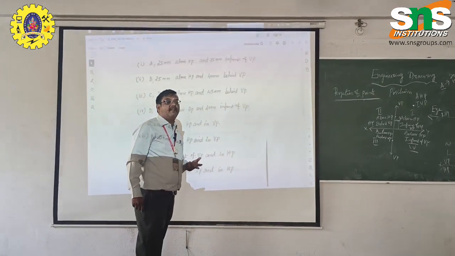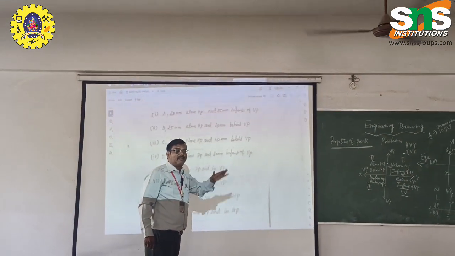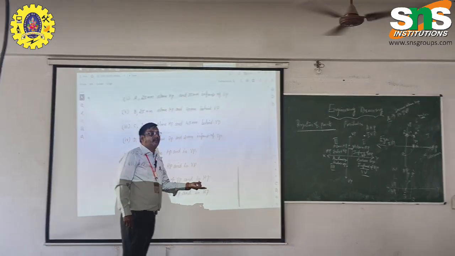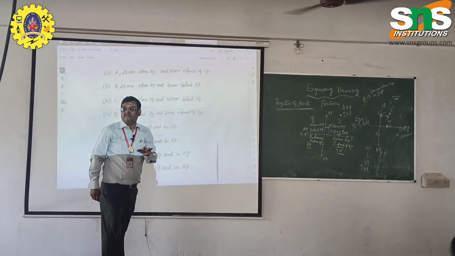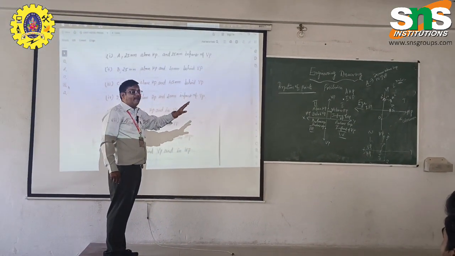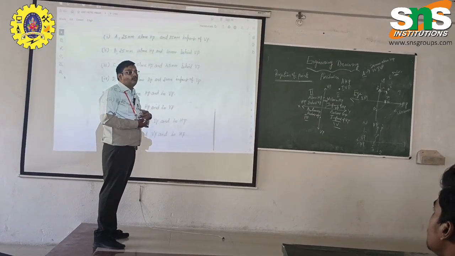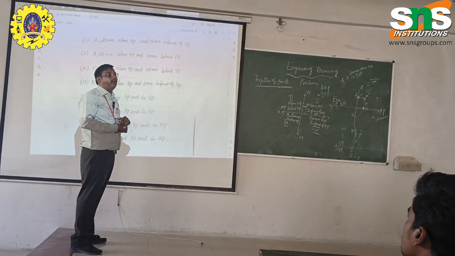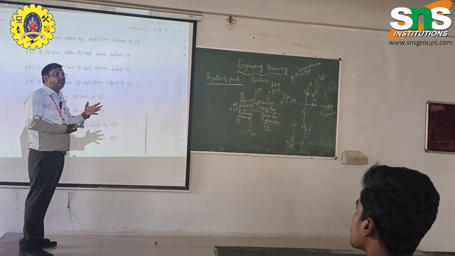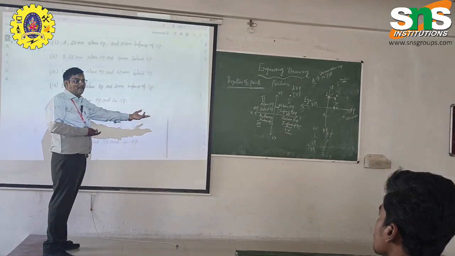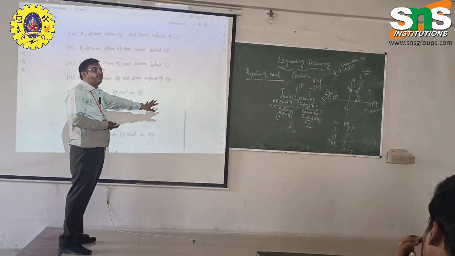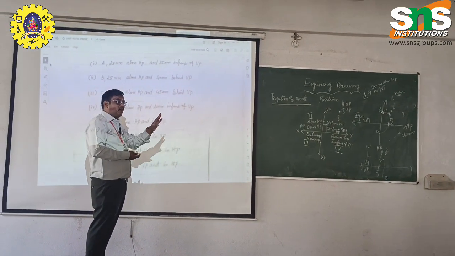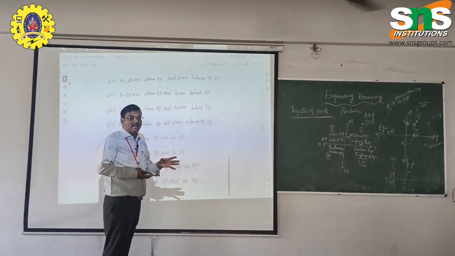Someone may ask, sir, why not the third quadrant? Because it is below, it can be either third or fourth quadrant. But they have said in the VP, we assume it as the fourth quadrant. If they say behind in the VP, some word they use as a twist, we can say it as third quadrant. But as such, we assume it as the fourth quadrant. If you assume the fourth quadrant, there is nothing wrong in it.